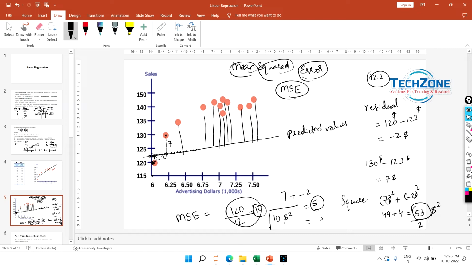Let us say square root of 10 is 3.2 and we'll have dollars here. So this is called root mean squared error. We'll learn about this root mean squared error. Okay, I hope this is clear.